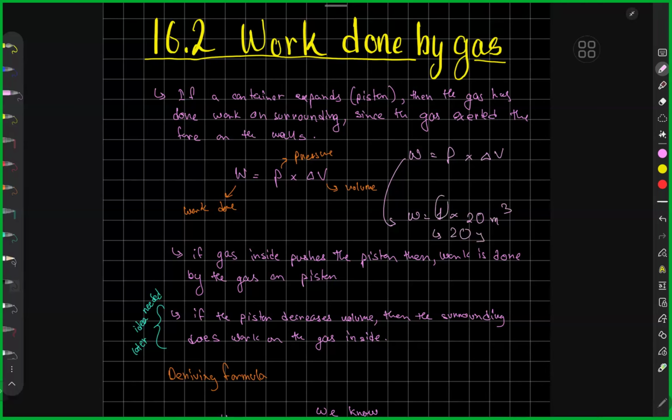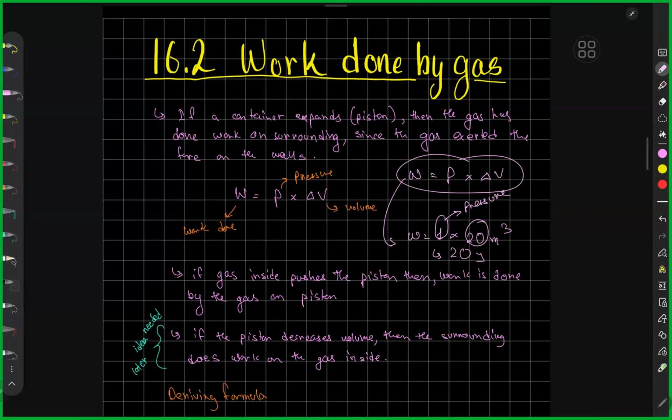So whatever the pressure is, it will be given to you, times the change in volume, and the pressure needs to be constant for this equation. That is the important thing to look out for. Whenever the pressure is constant and the volume changes, only then can you use this equation. So pressure constant, volume changes, and if the volume decreases, work done is positive. So sign is very important. I must tell you guys, sign is very important in this chapter especially.